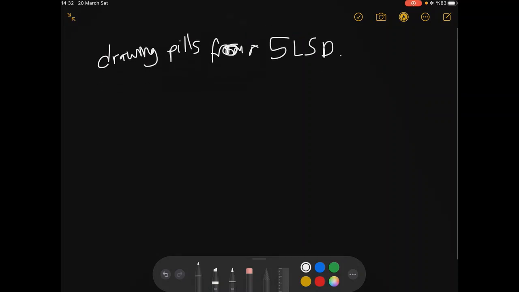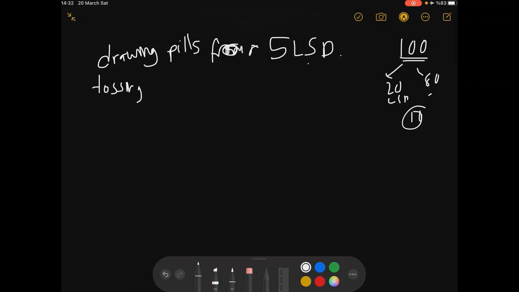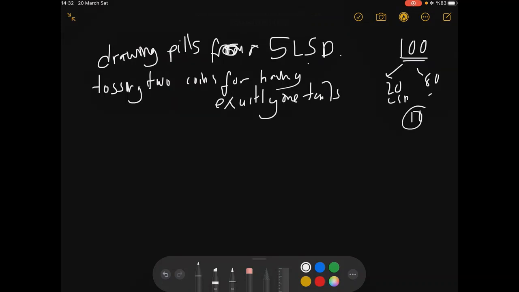In that example, you remember from a few moments ago, right? From a box of pills where it has 20 LSDs and 80 aspirins, right? So you draw 10 of them, and you have 5 LSDs in it. Or you will have an example of tossing 2 coins for having exactly 1 tails in it.